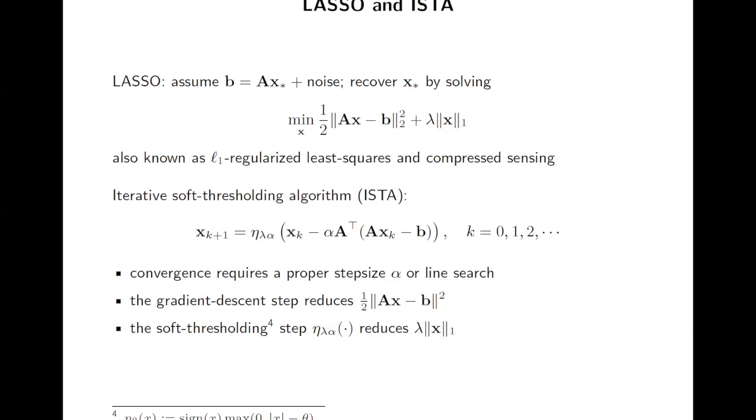But why do you use an iterative method when you could just solve it in one shot? So the lasso has no closed form solution. Yeah. I think this is a very basic algorithm to solve it. Yeah. And there are some other papers.